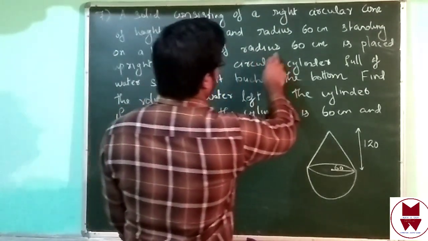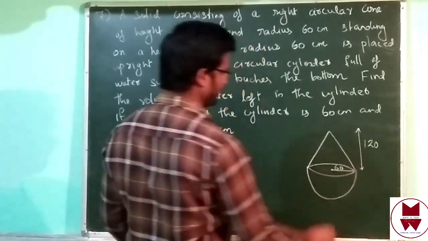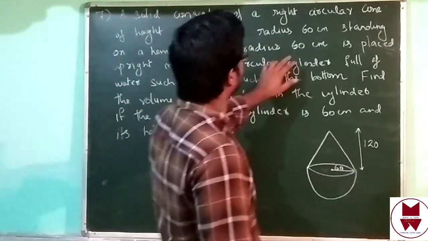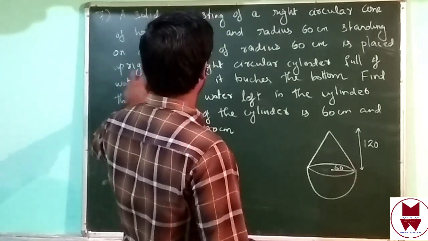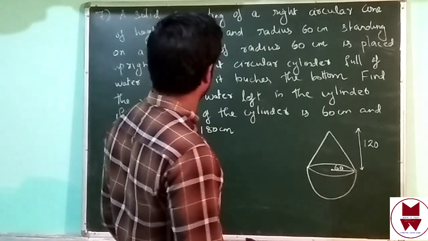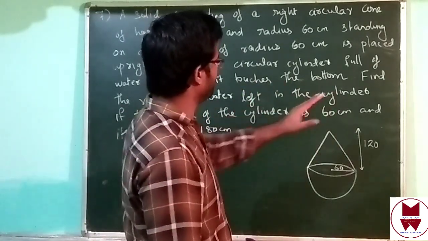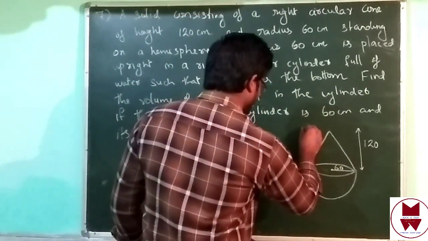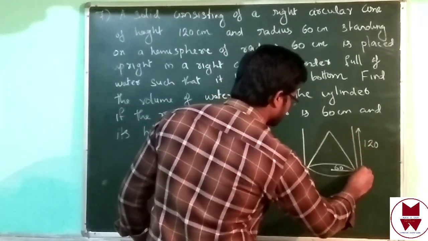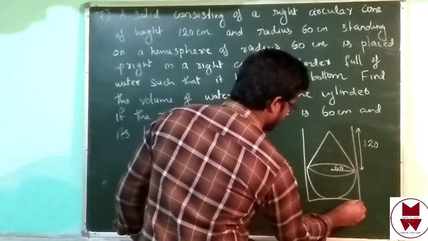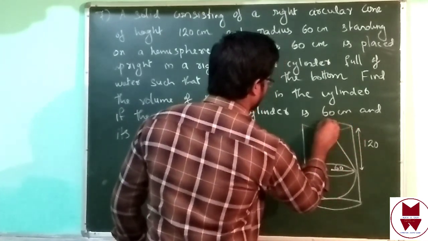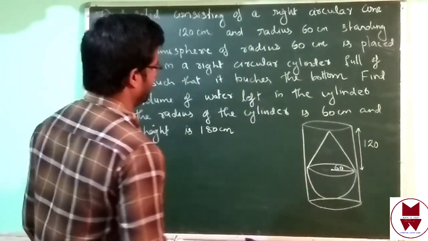Standing on a hemisphere, the radius of the hemisphere is also 60. Then it is placed upright in a right circular cylinder full of water such that it touches the bottom. That is one cylinder, like this, full of water.